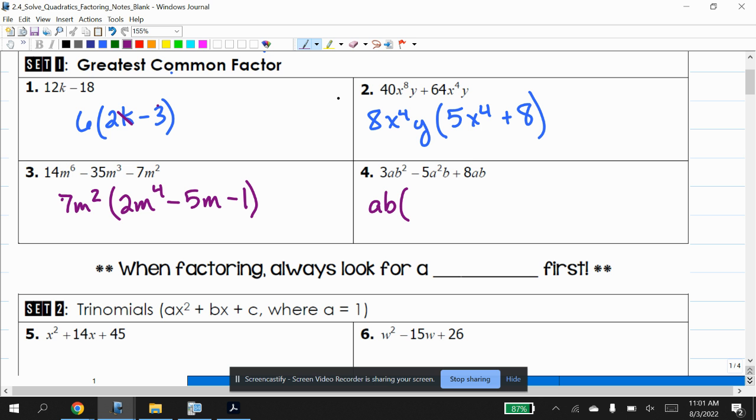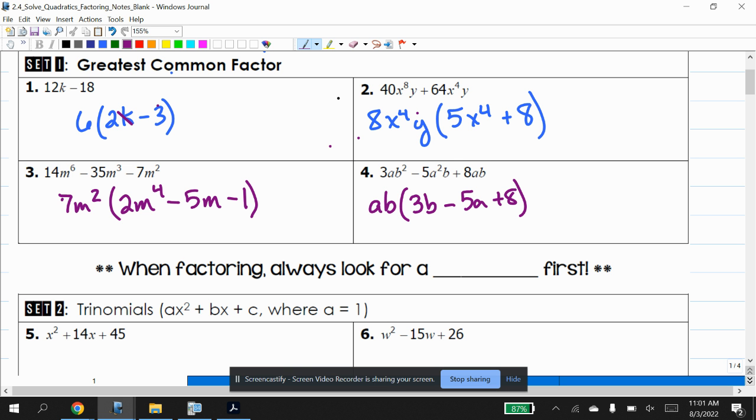So the first term, if I take the A and one of the B's off of it, what's left? 3B. The second term, 5A. Good job. The last term, plus 8. Good job. Sometimes you have to pay really close attention to detail on the ones that have multiple variables.